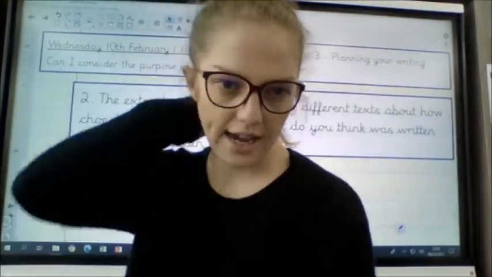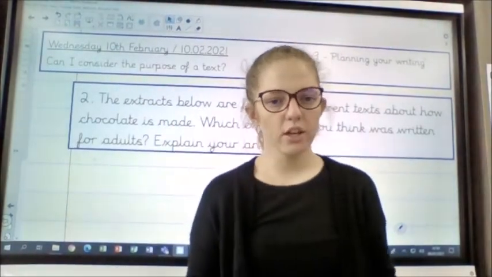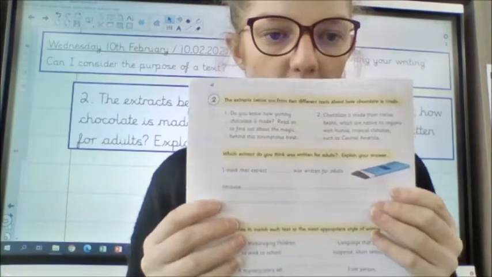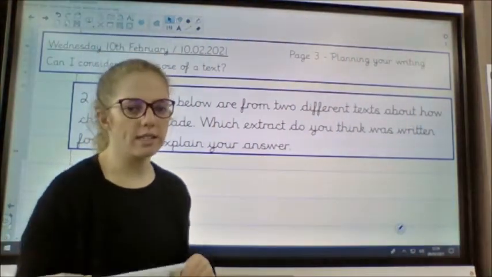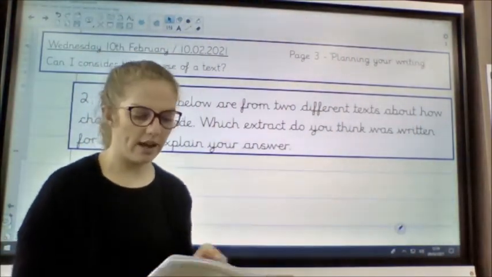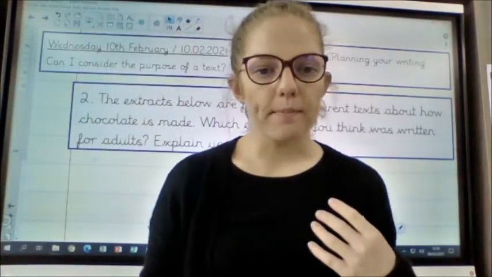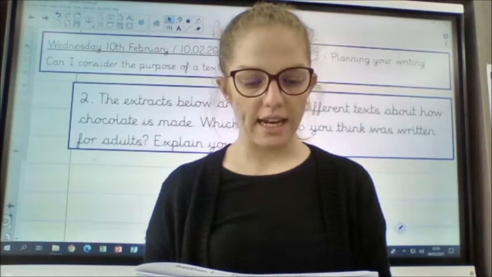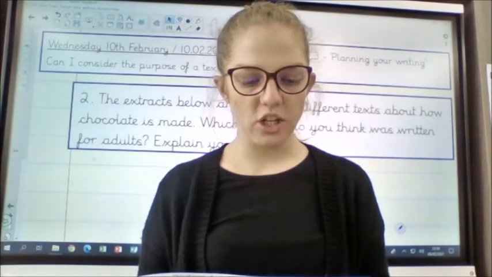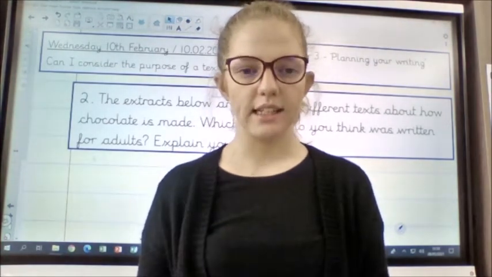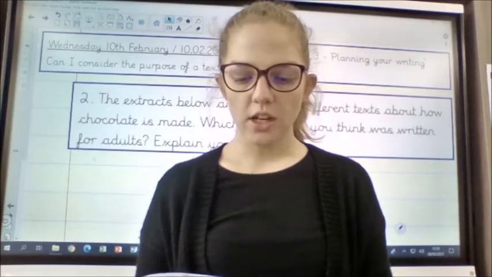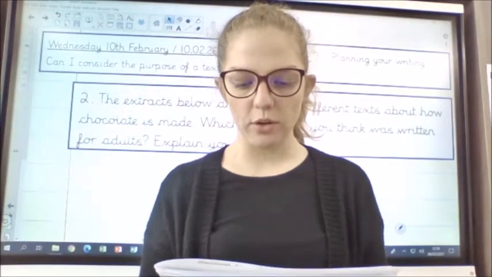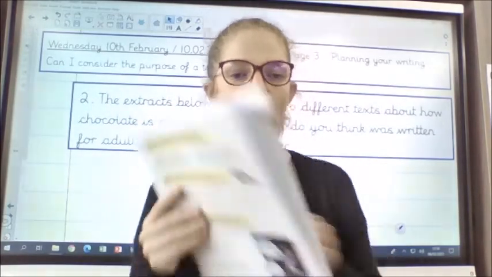Okay, so hopefully you've had a go at question 1. You're now going to have a look at question 2. It says the extracts below are from 2 different texts about how chocolate is made. So, extract 1 is, do you know how yummy chocolate is made? Read on to find out about the magic behind this scrumptious treat. And extract 2, chocolate is made from cocoa beans, which are native to regions with humid tropical climates such as Central America.